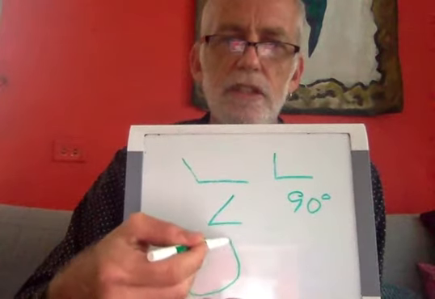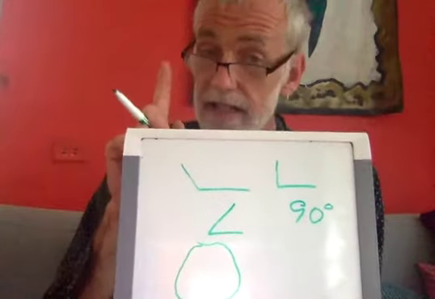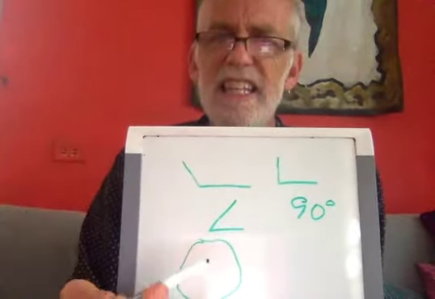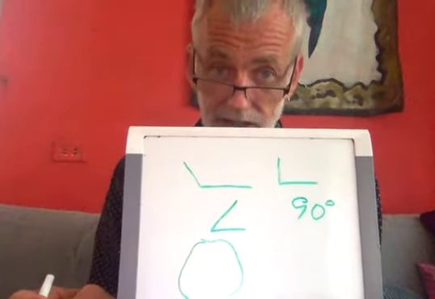A circle. See if we can draw a circle back. Oh, look at that. It's not so bad of a circle for not having to watch it and drawing it from behind. Every circle has 360 degrees.